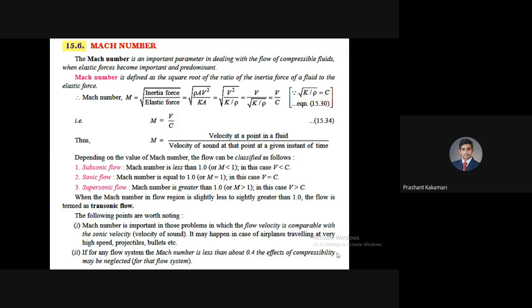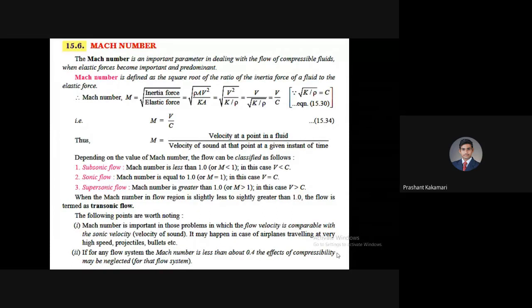For any type of vehicles or any type of bodies which are flowing depending on the speed of sound, whenever you are comparing the speed of sound with the speed of a body which is moving in any given fluid or submerged liquids, in those conditions we are going to use Mach number as a reference number which defines at what speed with respect to the speed of sound the body is moving.